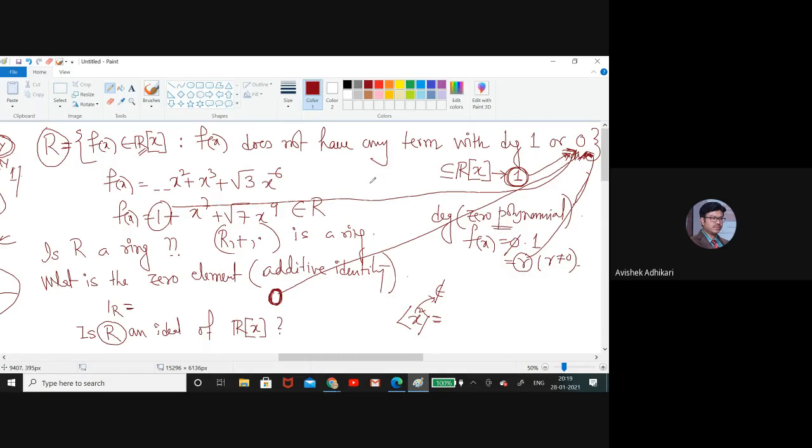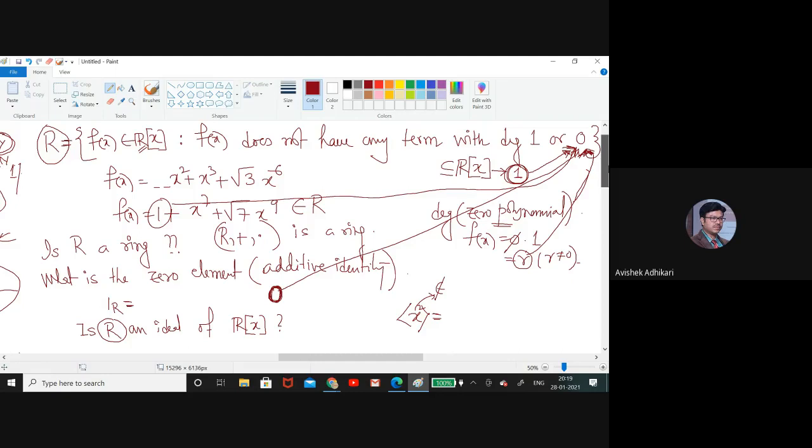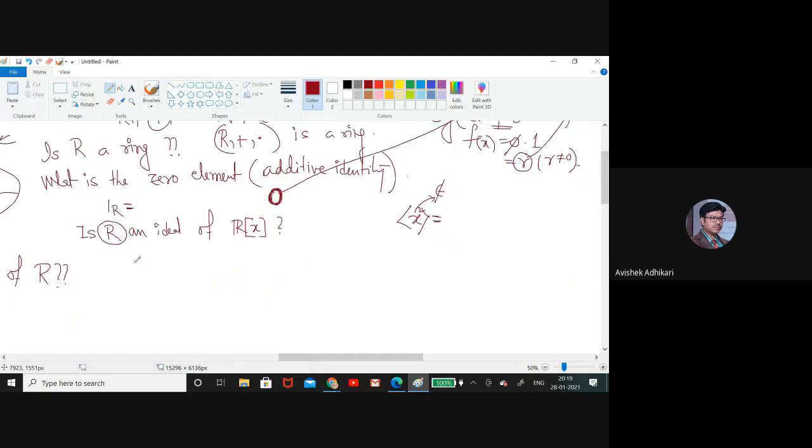And if you multiply with any polynomial, for the sake of simplicity, if I take f(x) equal to any polynomial from Rx, say a0 plus a1x plus a2x square, and multiply with any element from R, say an element like a3x cube plus a4x to the power 4, this is just an example.